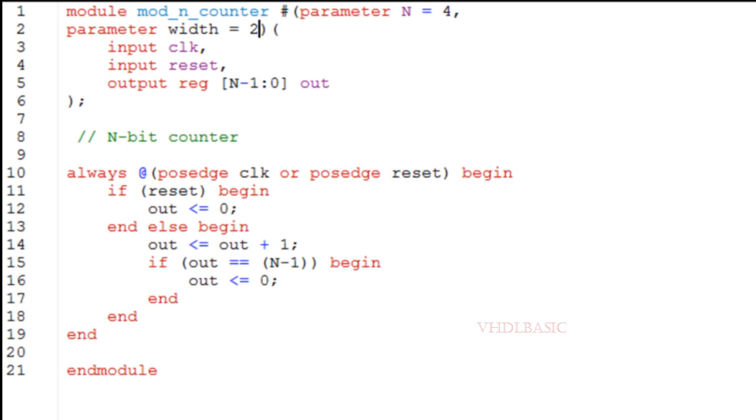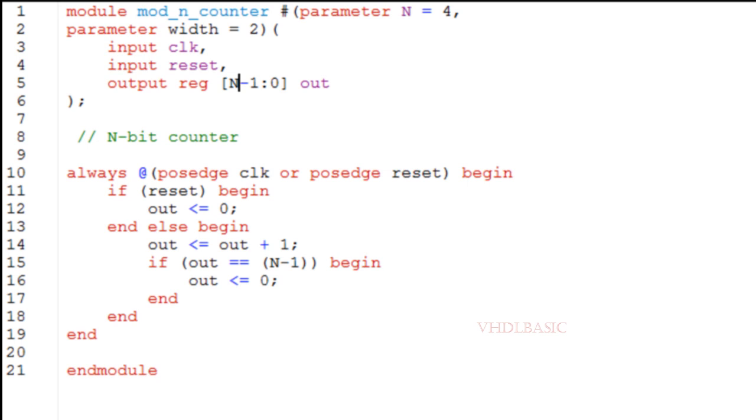But ChatGPT has used 4 bits, since that code uses n minus 1 down to 0, which means 3 down to 0. The upper 2 bits we are not going to use, since it will count 0 to 3 only, so synthesis will give some warnings. It will optimize the unused bits.